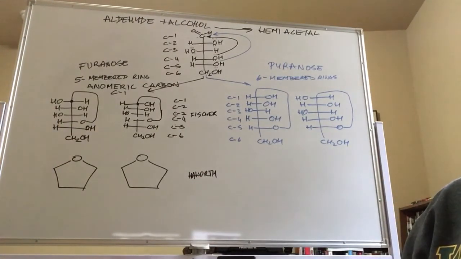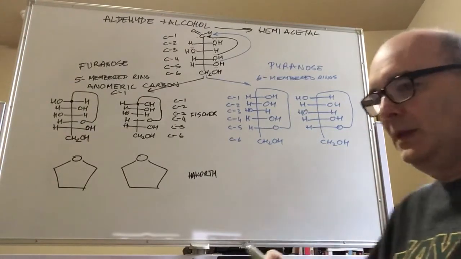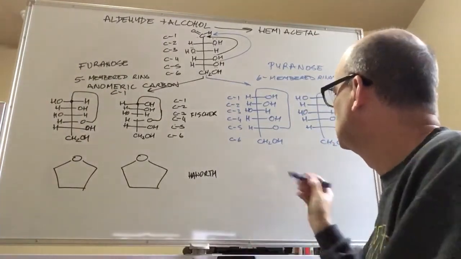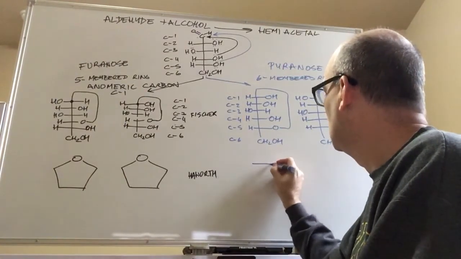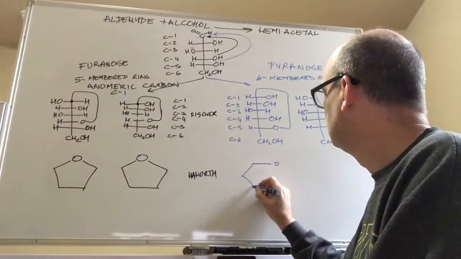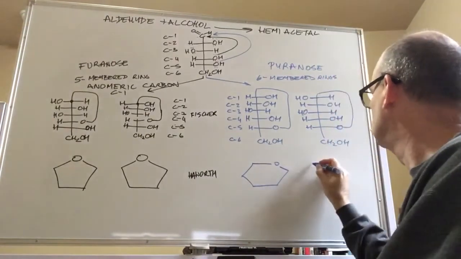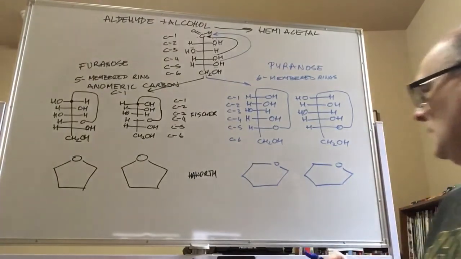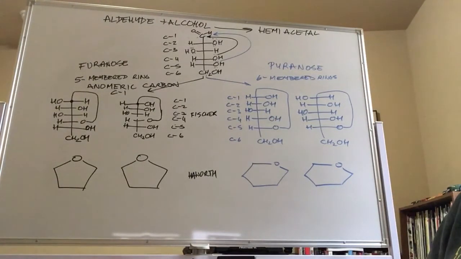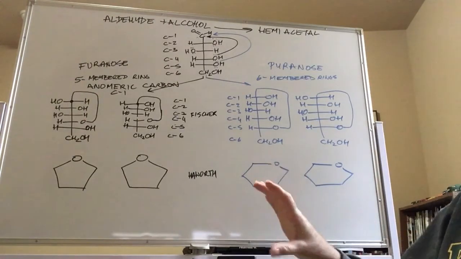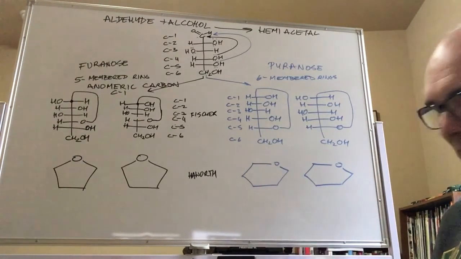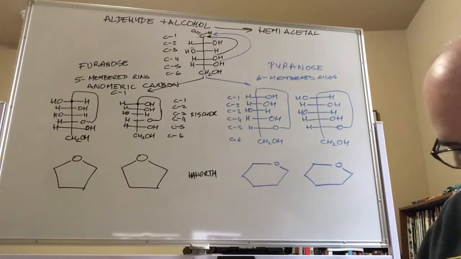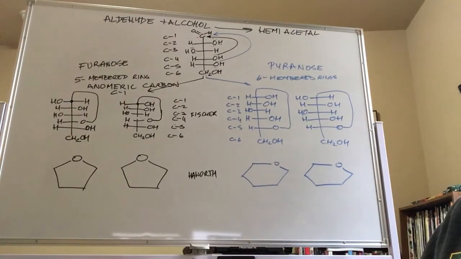You draw a pentagon, the oxygen is at 12 o'clock. Six-membered rings look like this. Hexagons that are on the side. We've gotten into the habit of writing hexagons on the point because we've been writing benzene and phenyl rings, which are typically on the point. These ones are going to be on the side.